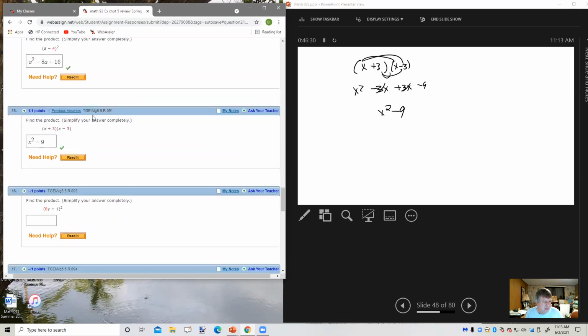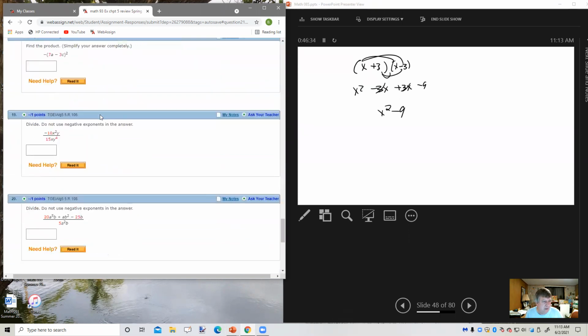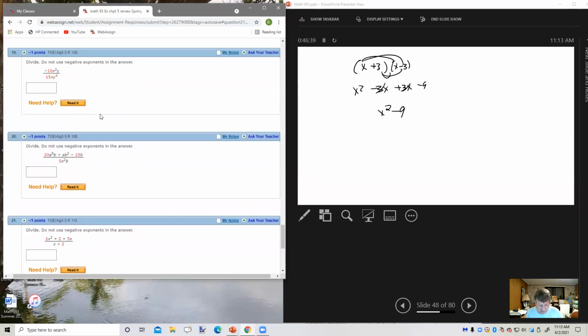All right, I want to go down to division because we're almost out of time here. So let's take a look at that one. Negative 10x squared y divided by 15xy to the 4th.